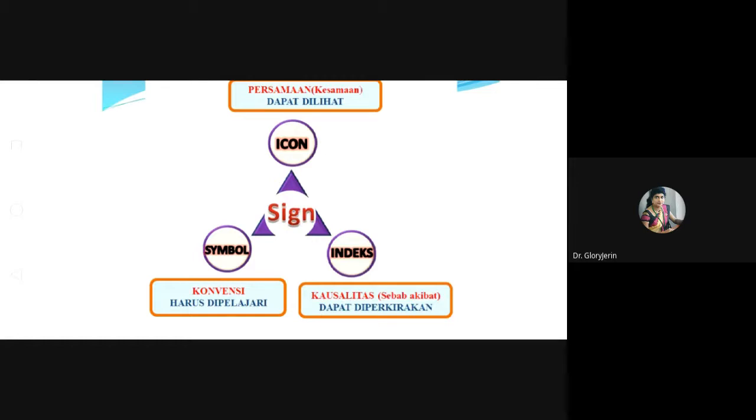And iconic, we can see the similarity. Indexical, we can interpret a causal relationship, or an attribute of an object. A perfume bottle represents the character of the perfume it contains and the character of the user.